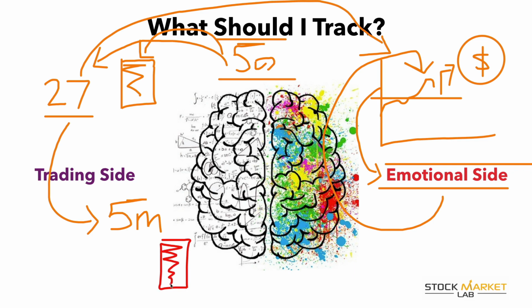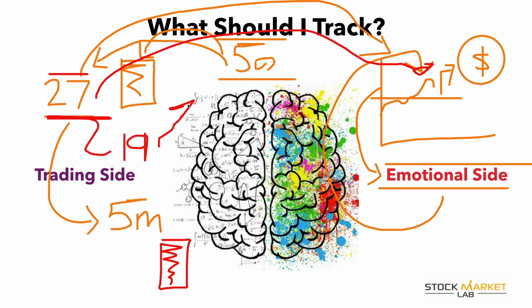Now, that's where the whole KPI system kicks in, because now your job is to go back to these 27 trades and say, okay, what happened? I saw a red candle, I exited. Maybe I made money, maybe I didn't, whatever the case is. But what happened here? So you go and you start realizing that out of those 27 trades, about 19 of them kept going higher. That red candle was just a fake out.